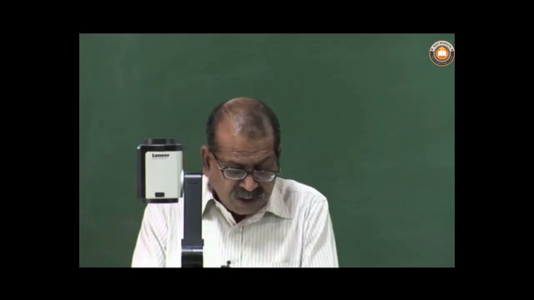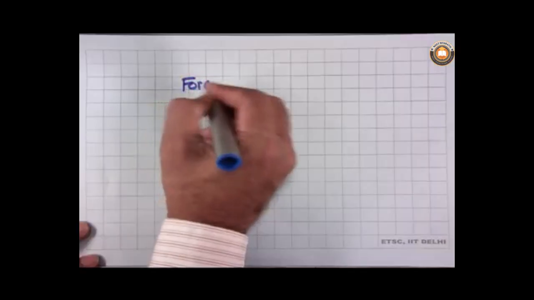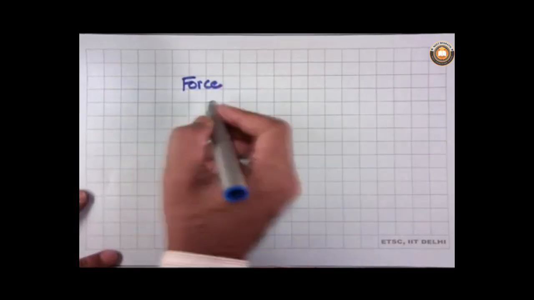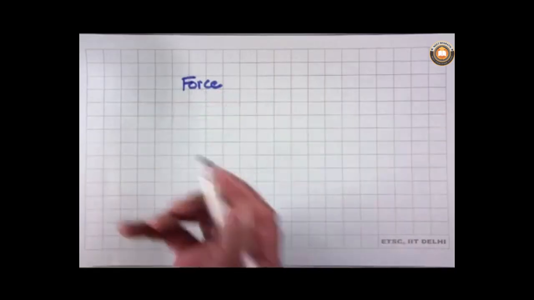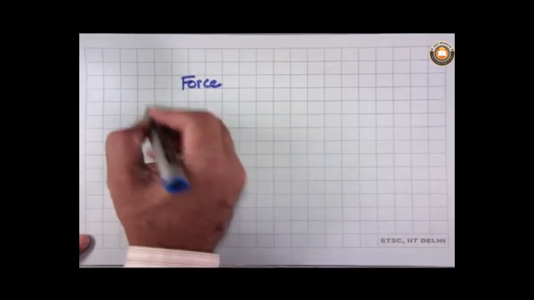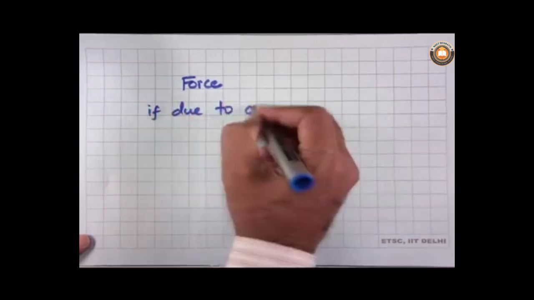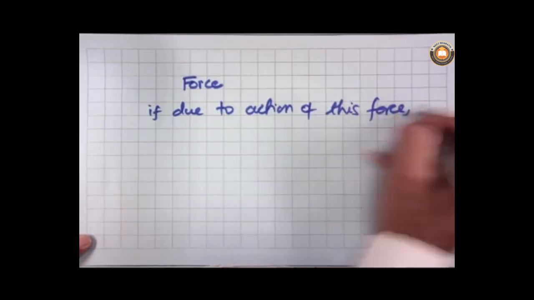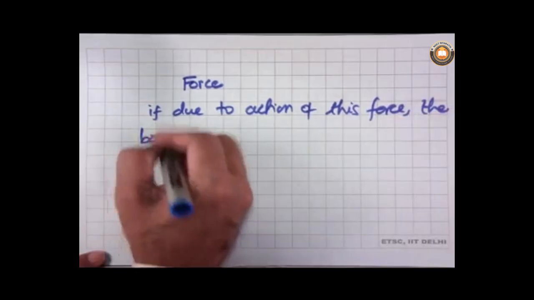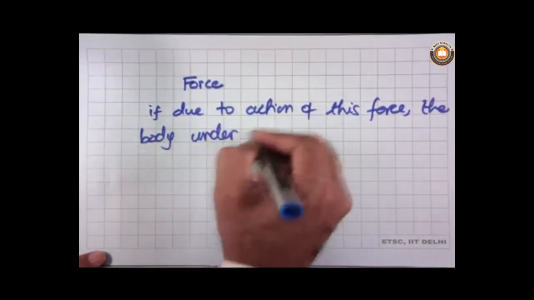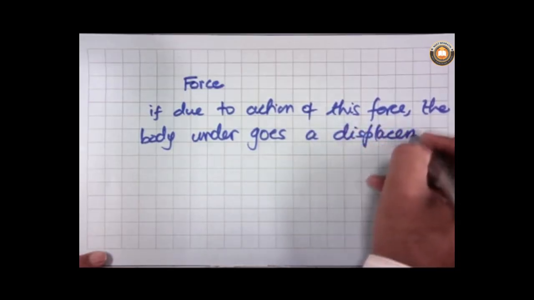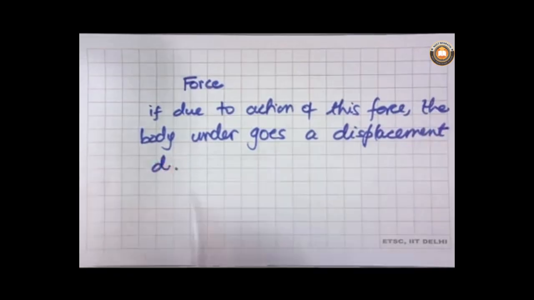To define work done by a force, we need two things. Firstly, we need to know the force, which we know is a vector, and we also need to know if, due to the action of this force, the body undergoes a displacement d.